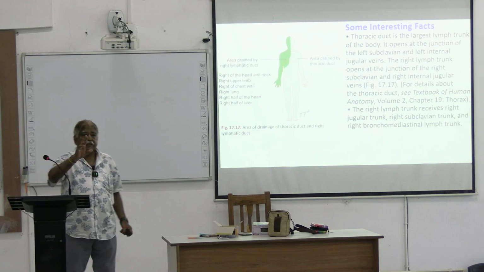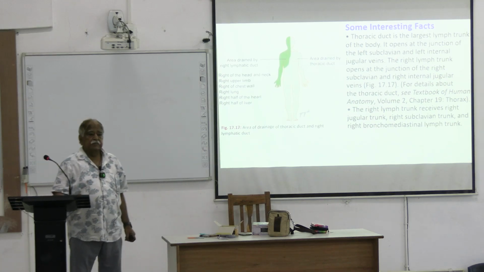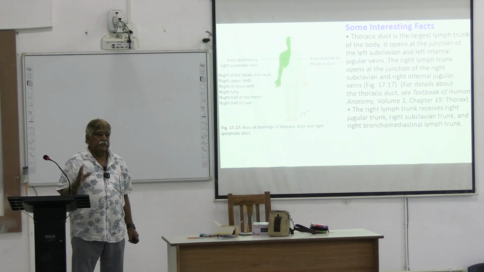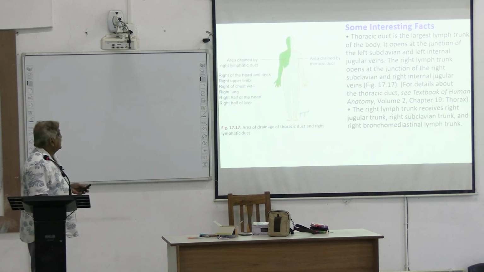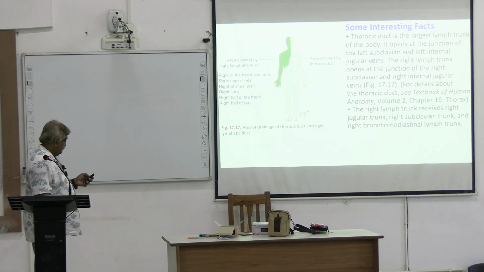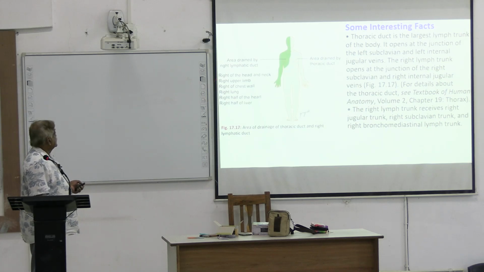Thoracic duct can come as a question. It's important, a long question, it's important. Now the right side of the head, neck, right upper limb, right chest wall, right lung, right half of the heart, and right half of liver.